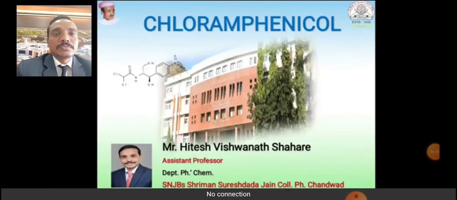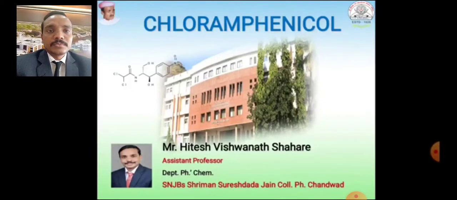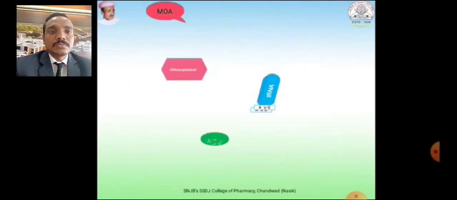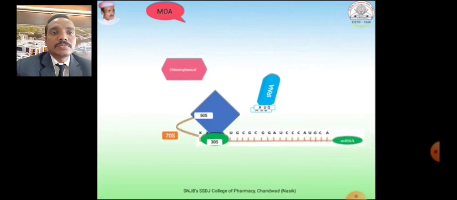In this session, I am going to discuss the mode of action of chloramphenicol. This is the 30S ribosomal subunit, which in combination with the 50S ribosomal subunit forms the 70S ribosome, on which messenger RNA with its code has two sites, one is the A site and another is the P site.